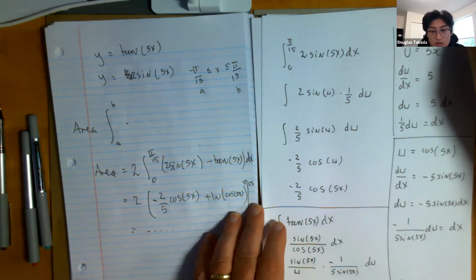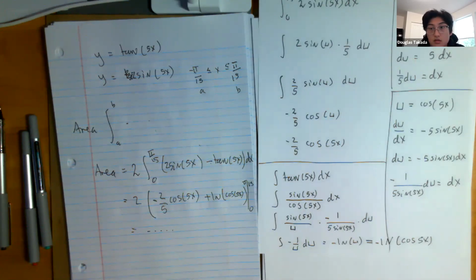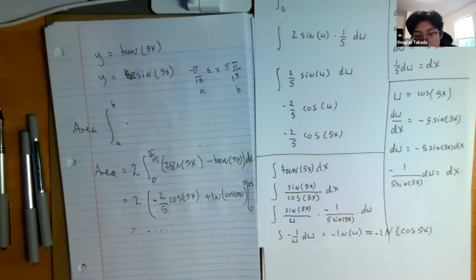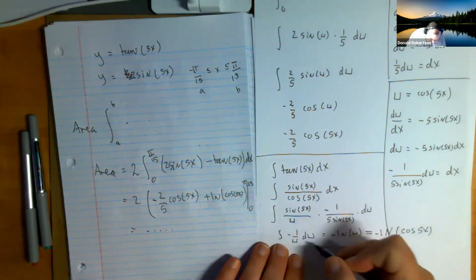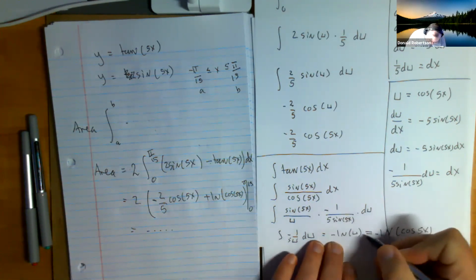Yeah. And then it turns into 1 over ln of u. Where did the 5 go? That is a very good question. It disappeared, didn't it?